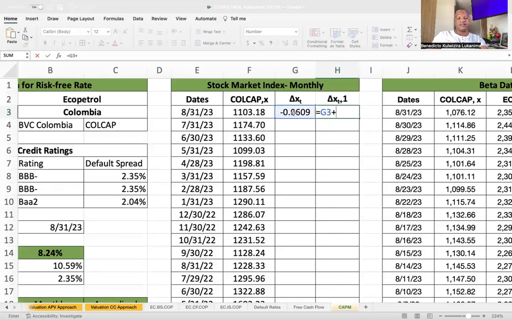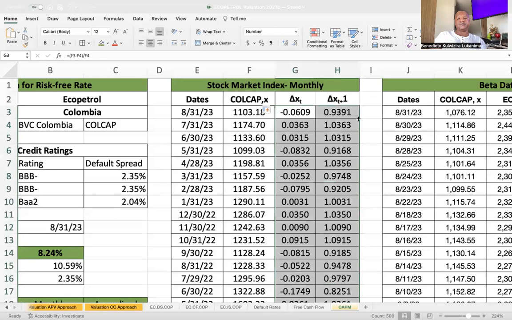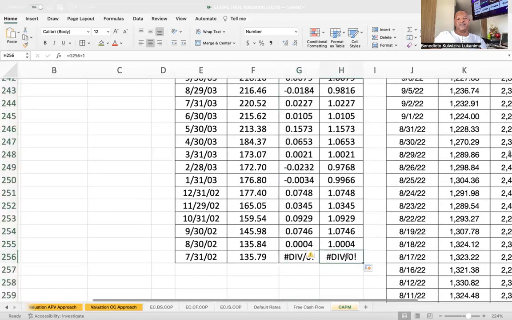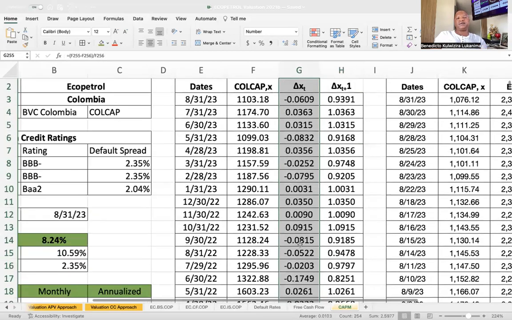So this one plus 1 simply means we don't have negative values. And therefore, we can use this for the geometric average. And we'll calculate all this throughout. It is important to check the last one because there is no value, so it can be deleted. The next stage is to calculate the average.